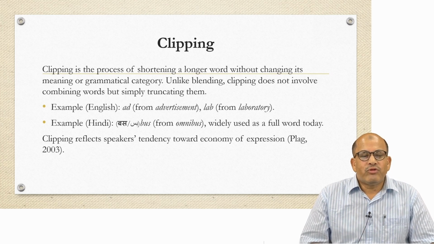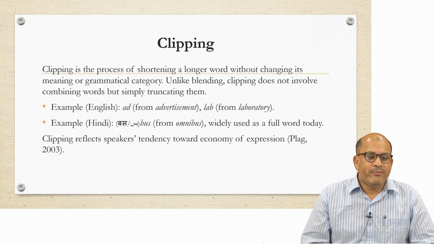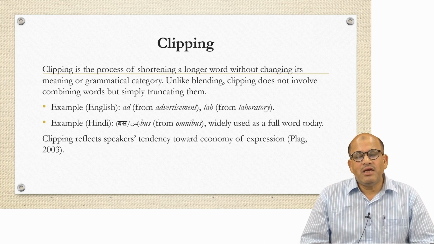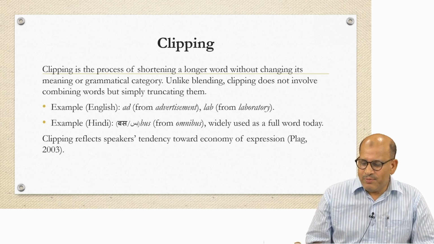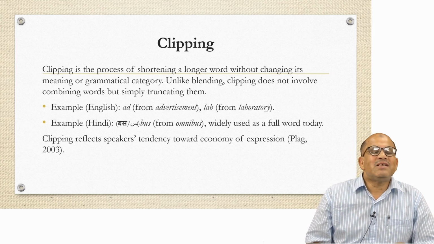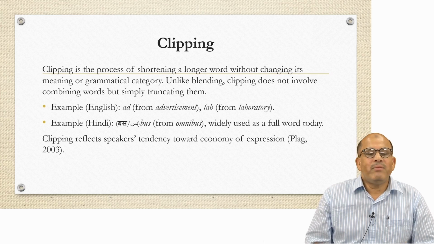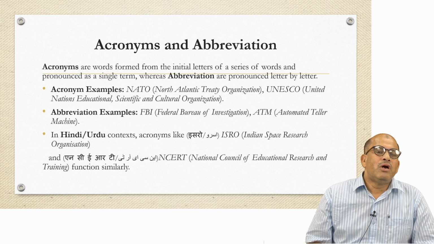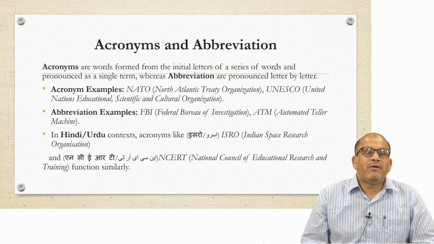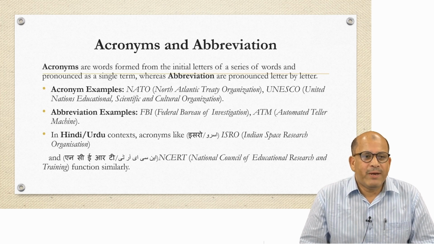In Hindi Urdu, we can say bus from omnibus, widely used as a full word today. So clipping reflects a speaker's tendency towards economy of expression: we can work with the minimum combination of sounds which convey the meaning in the shortest, most economical way.